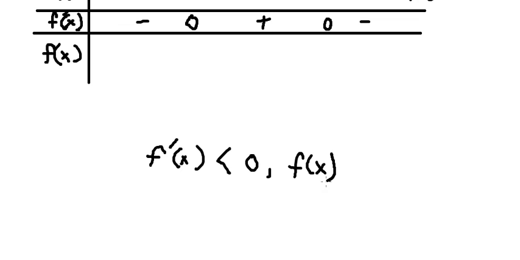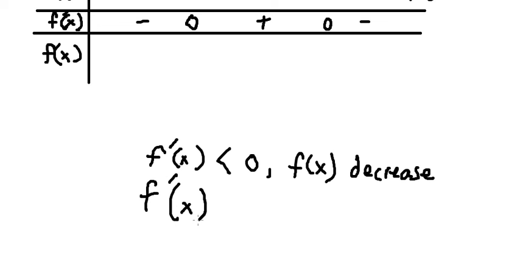And we have the rule here. When the first derivative of the function is smaller than number 0, the function is decreasing. The next one, the first derivative of the function is positive, so the function here is increasing.